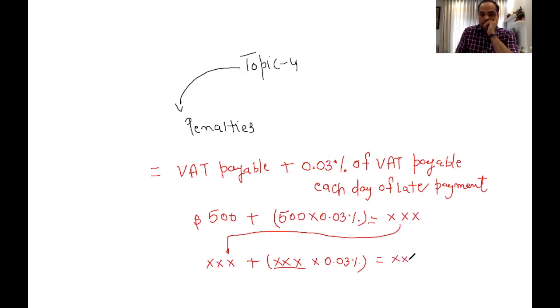And then I get this number. We'll keep doing that, so it depends on how many days we are not paying our value-added tax. So that's all about the penalties.